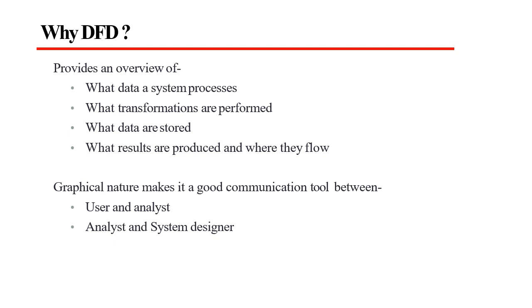And the graphical, or pictorial, nature of the data flow diagram makes it a good communication tool between the user, the analyst and the system designers, who prepare the designs on the basis of which we are going to write the code for the system.